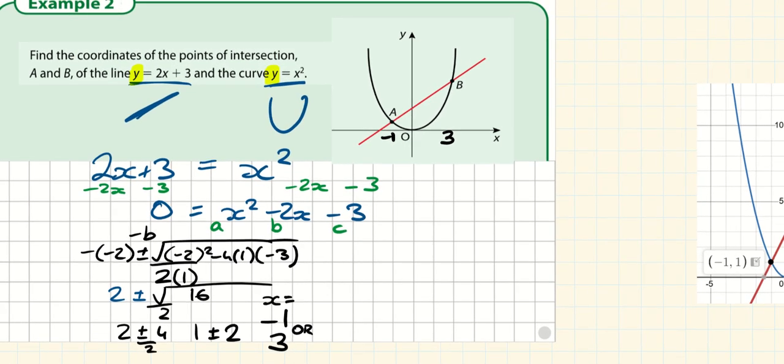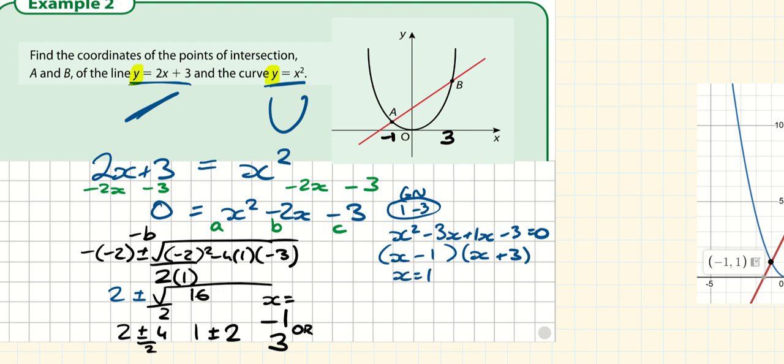So we've got our x's, then we just need to sub them back in. But just so you know, you can factorize either with your guide number. So your two factors would be 1 and 3, and you'd be using minus 3. So you'd have x squared minus 3x plus 1x minus 3 equals 0.